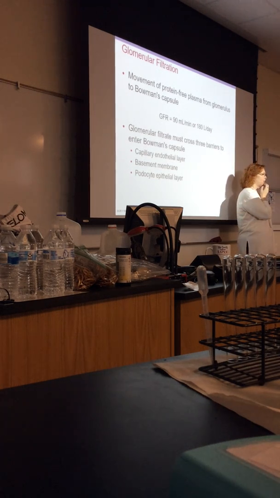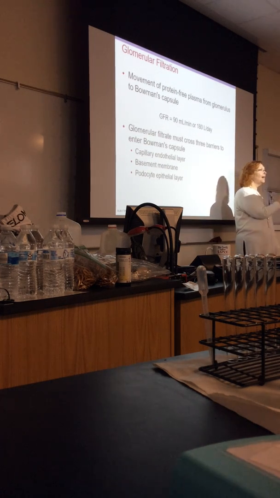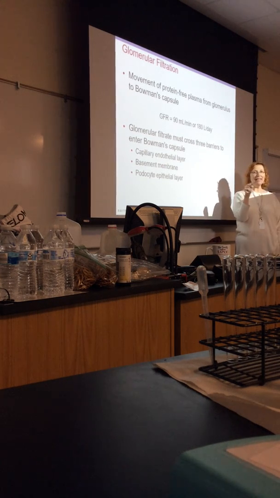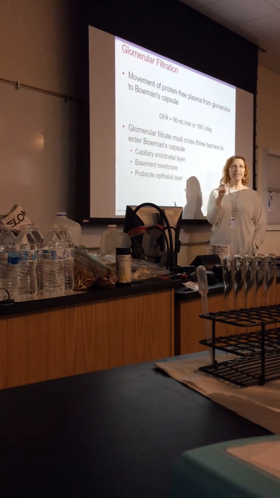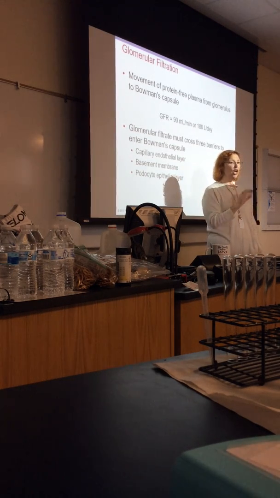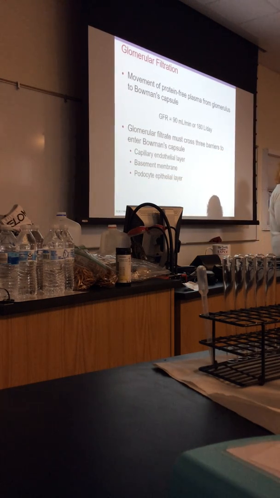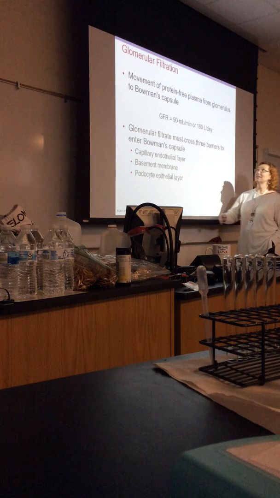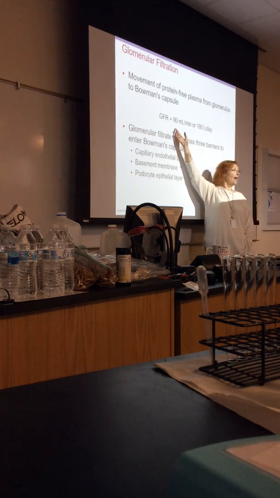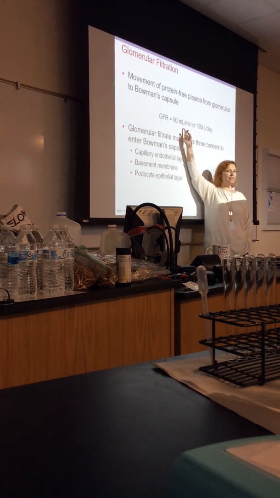On average, our glomerular filtration rate, how much blood leaves the glomerulus and goes into the kidney, and I don't mean at one nephron, I mean collectively between the two kidneys. On average, the amount of blood that leaves the nephron and enters the kidneys is 90 mLs per minute times 60 minutes in an hour times 24 hours in a day.